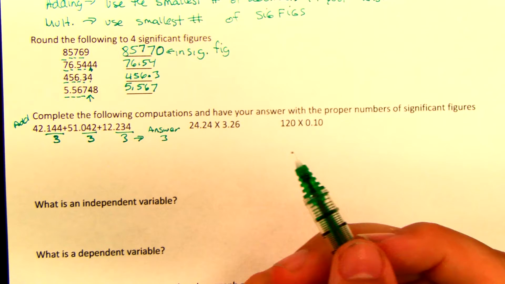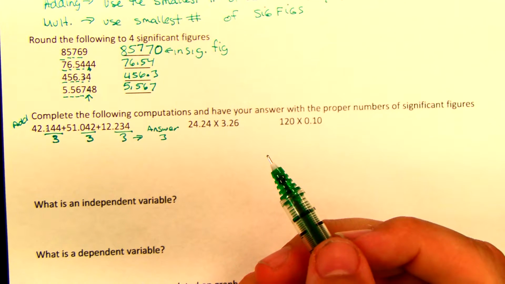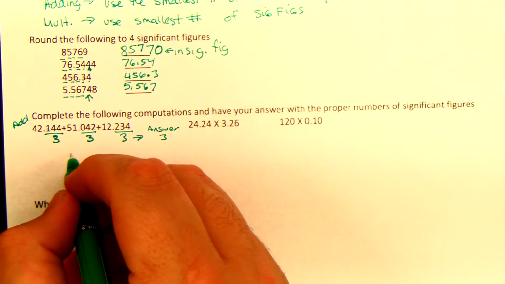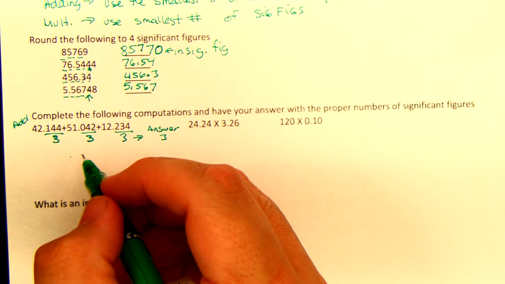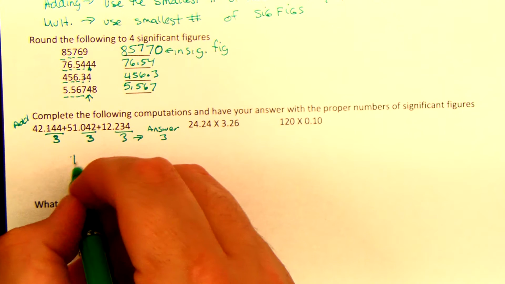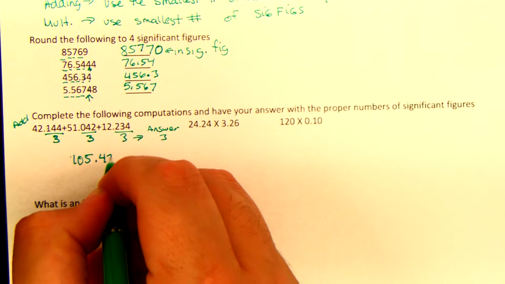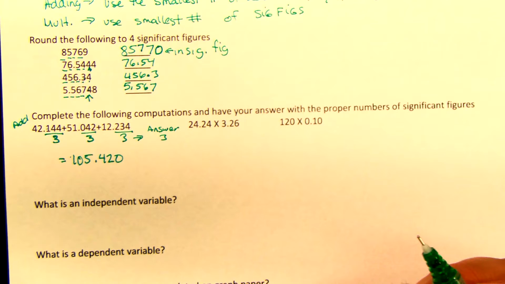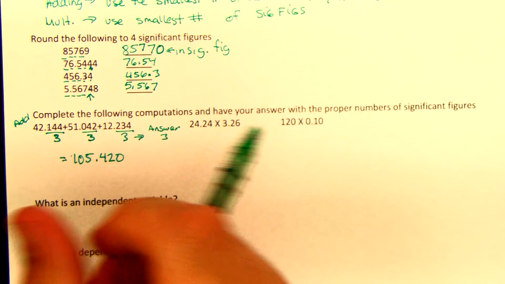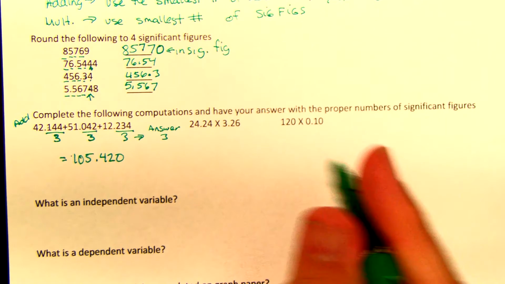Now, anybody know the answer to this one? No, that's the other one. That's the other version. 105.420. I just didn't want to add them. So you had version 1. This is version 2. But you would have been correct on that one.